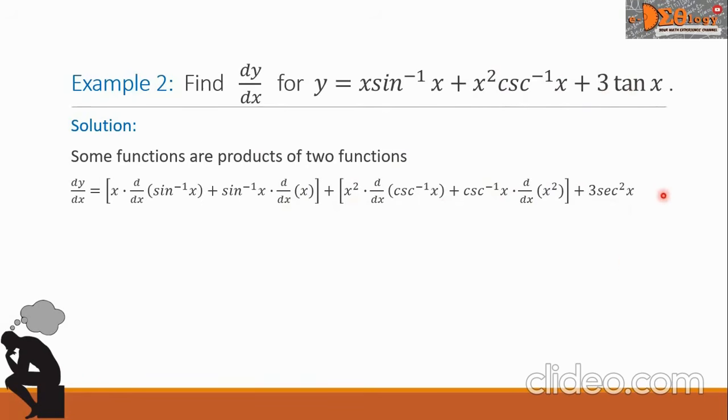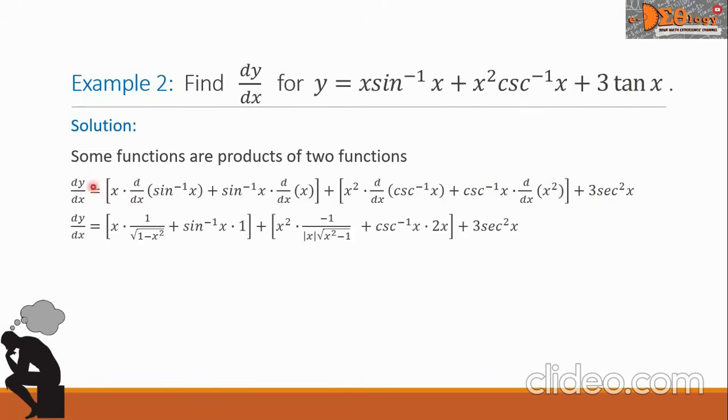Let us simplify this line by taking the derivatives respectively. So we have the derivative of sine inverse x is here, that is equal to 1 all over the square root of the quantity 1 minus x squared. The derivative of x is 1.